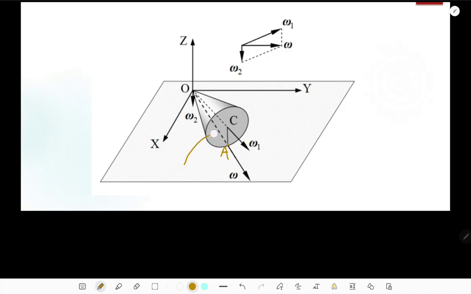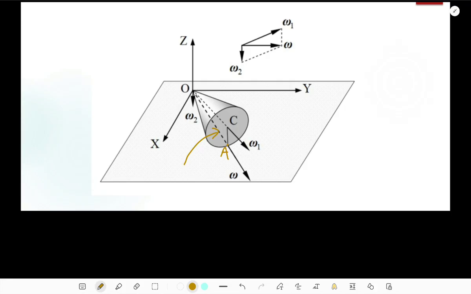You can see this axis is the instantaneous axis of rotation, at a point of which the instantaneous center of rotation is lying, and about that point the cone is in pure rotation, only rotating.